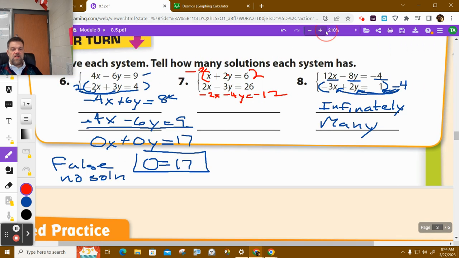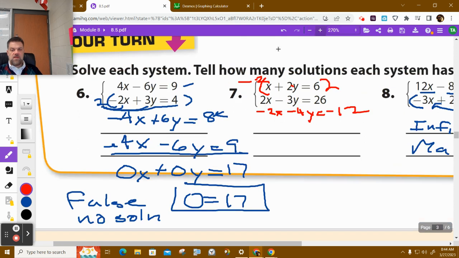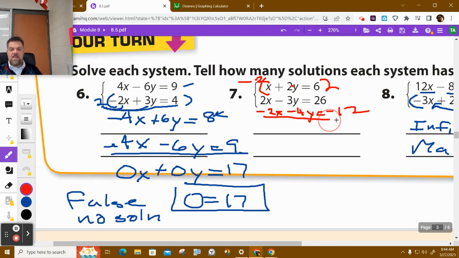We'll zoom in a little bit. So when I add this equation with this one, 2x minus 2x is 0. This becomes -7y is equal to 14. Divide both sides by -7. I get y equals 2.